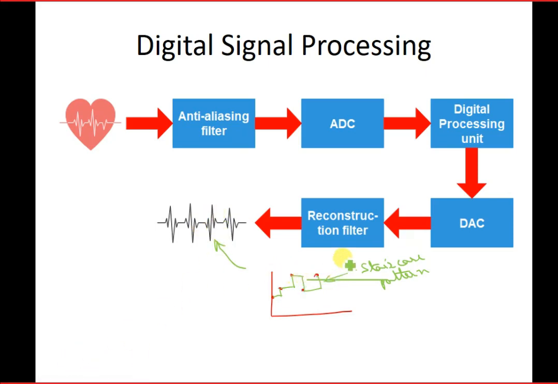So it should look like a continuous signal, right? Now, under these circumstances, we need to use the reconstruction filter, which is again a low pass filter, where the low pass filter acts as an averager, and it creates an envelope.